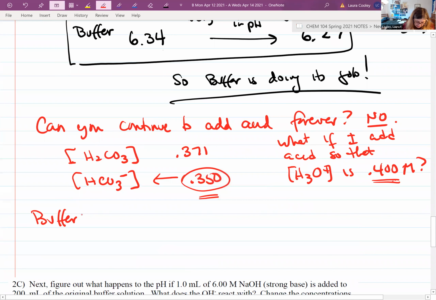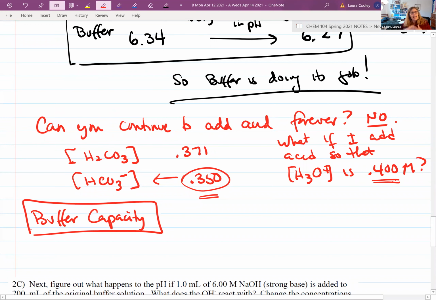The buffer capacity is how much acid can be added before you overcome the amount of base that's in your solution. So here you could add up to 0.350 and you would have enough bicarbonate to react with it. But if you added 0.4, that's too much.